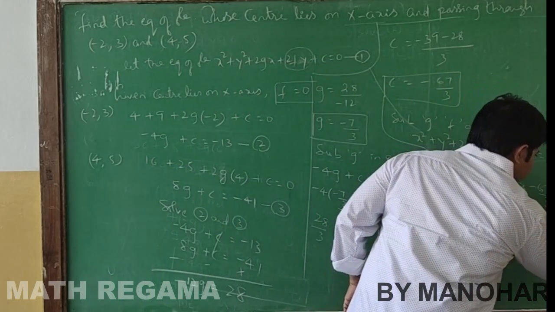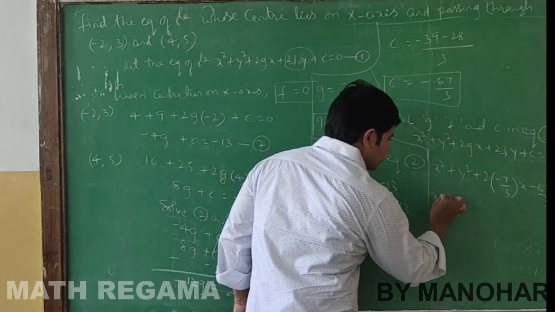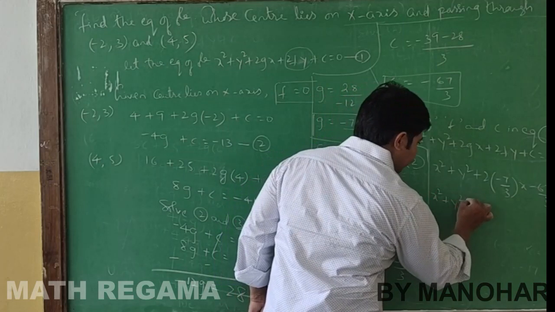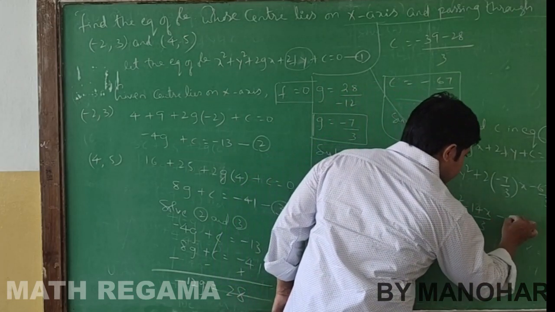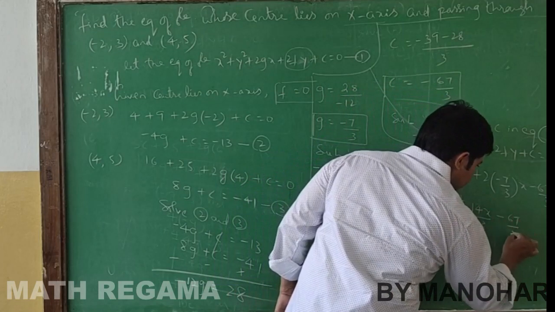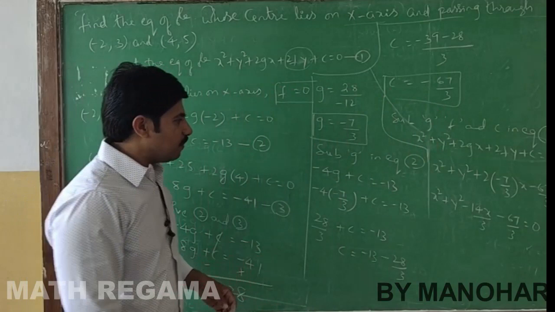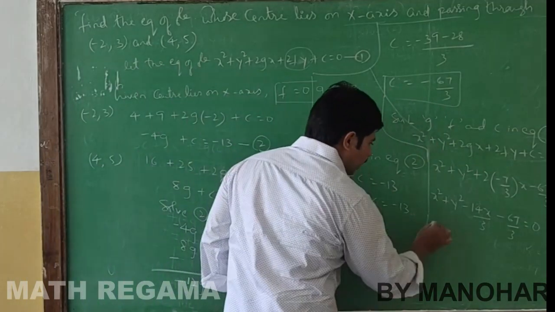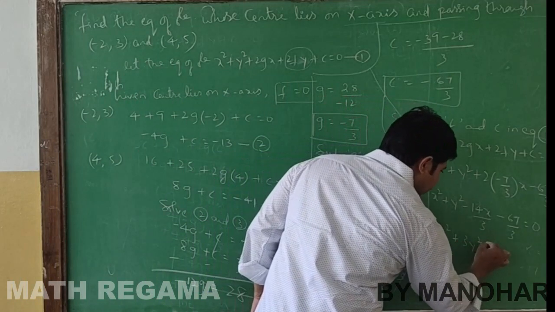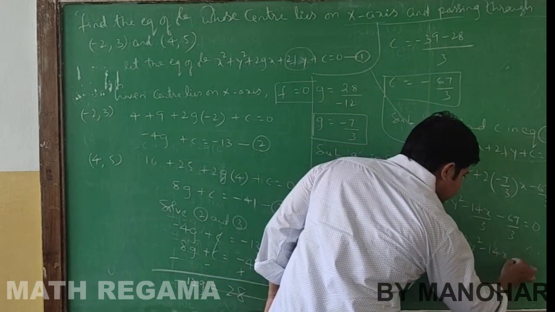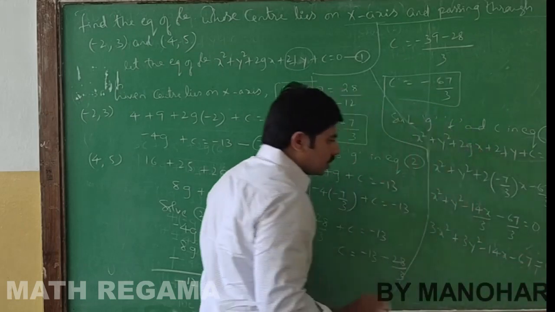is equal to 0. Now we'll simplify this. x square plus y square minus 14x by 3 minus 67 by 3 is equal to 0. Now we will simplify this. We take LCM. So what we get? 3x square plus 3y square minus 14x minus 67 is equal to 0.